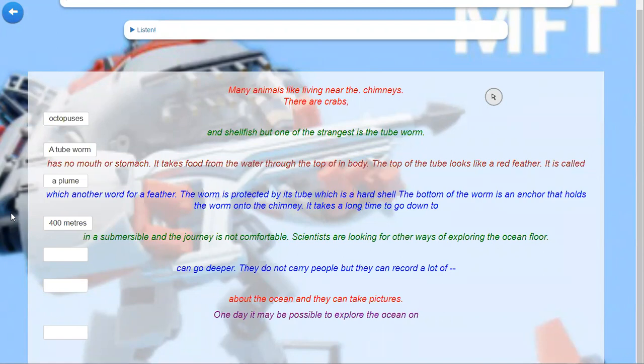So scientists are trying to find other ways to go down the sea and find things which are good to explore the sea in a good way.